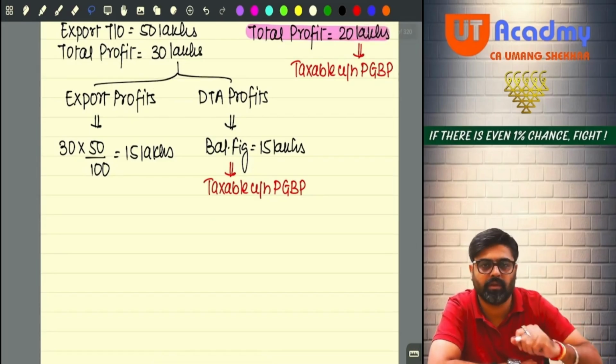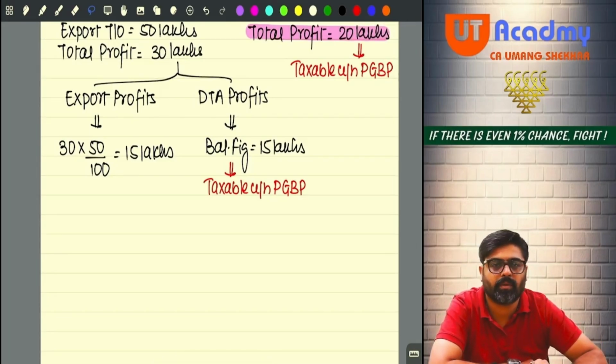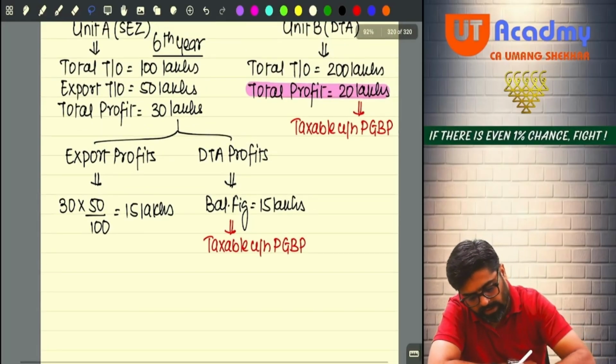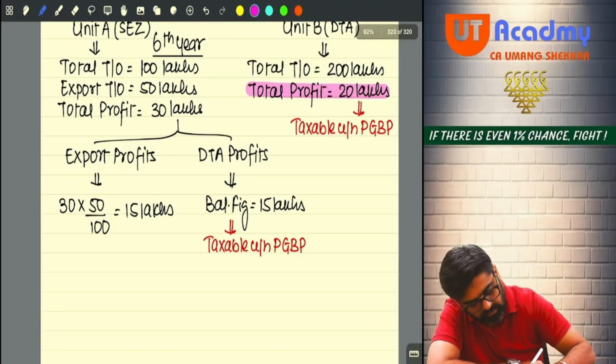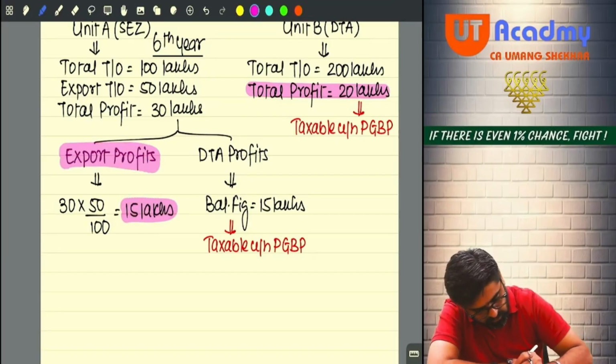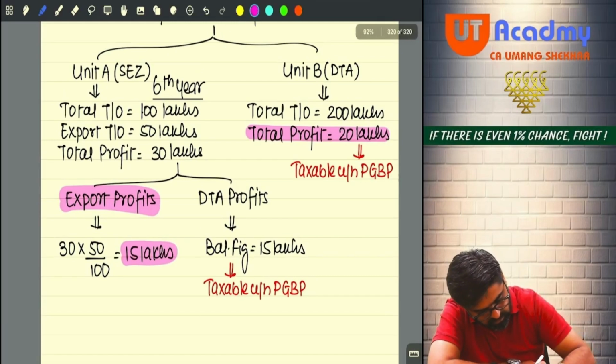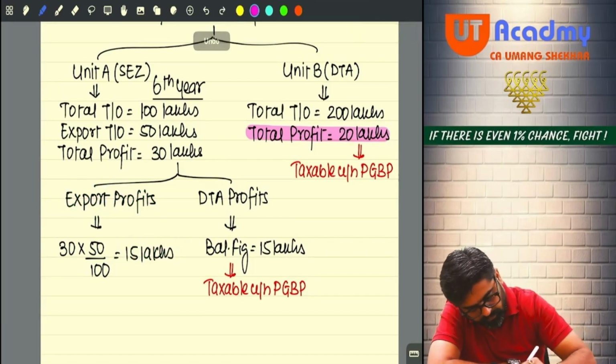Now let us talk about this export profit. Export profit is 15 lakhs. Don't you think that this 15 lakhs export profits are export profits for which year? 6th year, no?